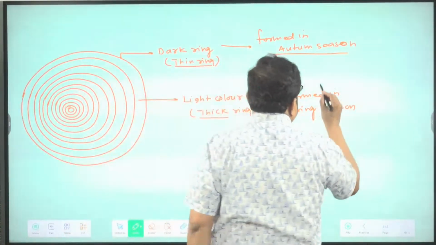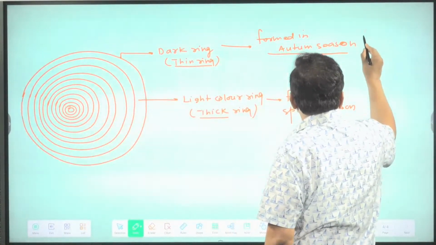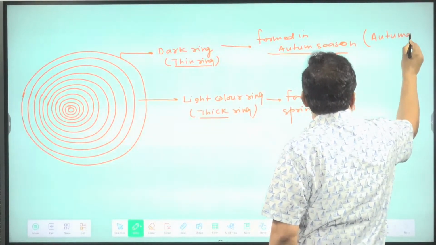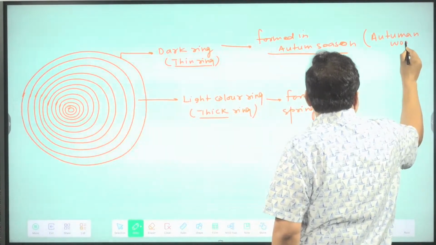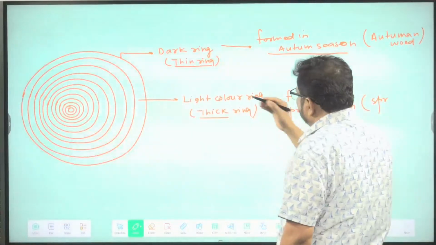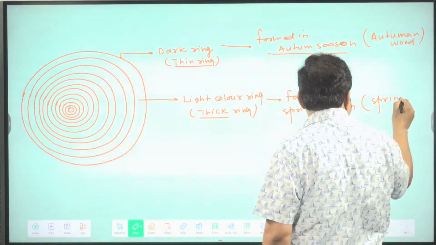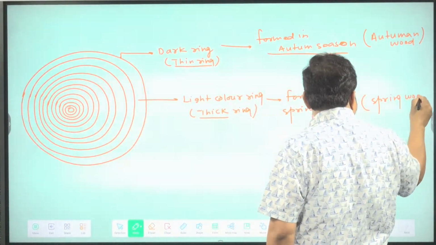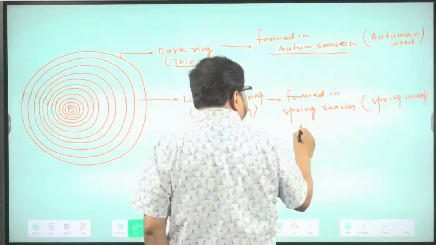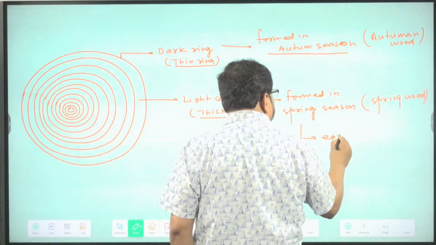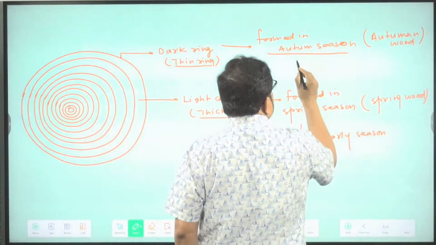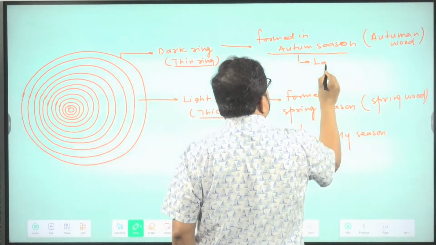So that is the reason what forms in autumn season is called autumn wood, and what forms in spring season is called spring wood, because these all are secondary xylem. Spring season is also called early season, and autumn season is also called late season.